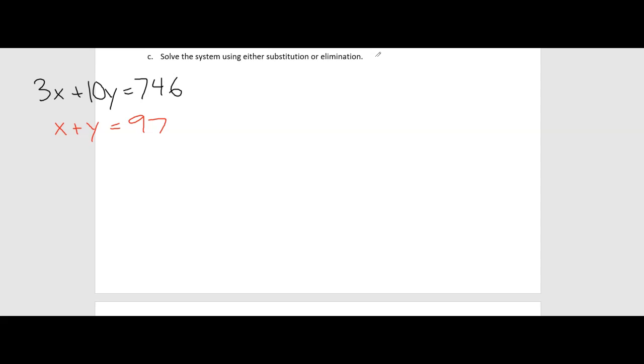I'm going to multiply my second equation by 3. And I'm going to get rid of the x's, or I'm going to eliminate the x's. So I have my first equation, 3x plus 10y is equal to 746. My second equation becomes 3x plus 3y is equal to 291. So I'm multiplying everything by 3.